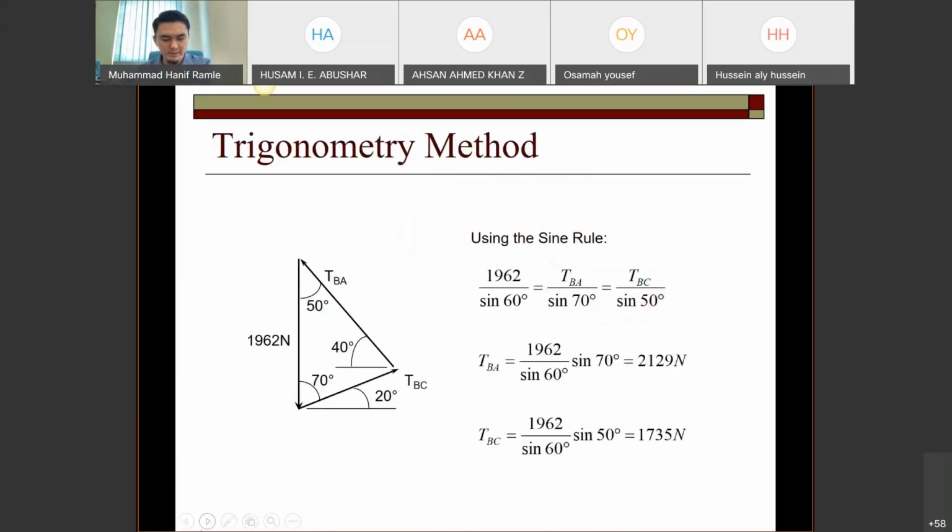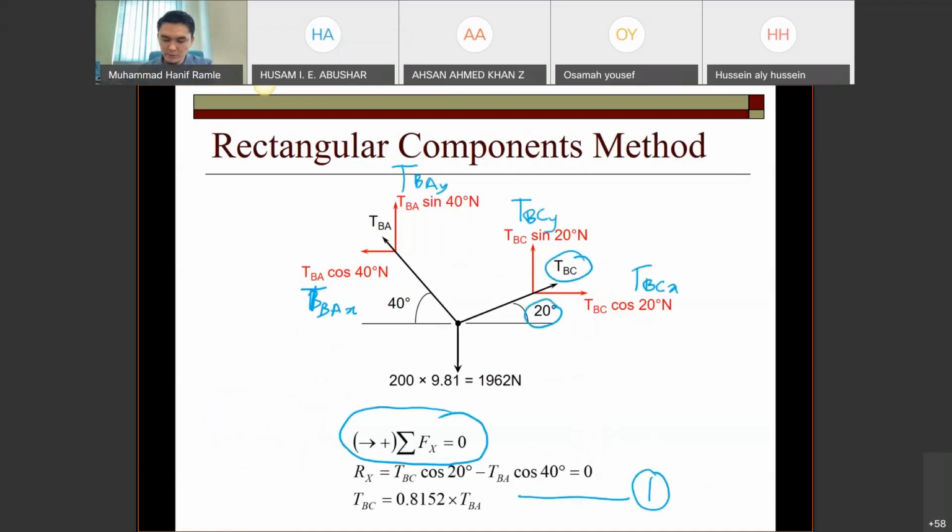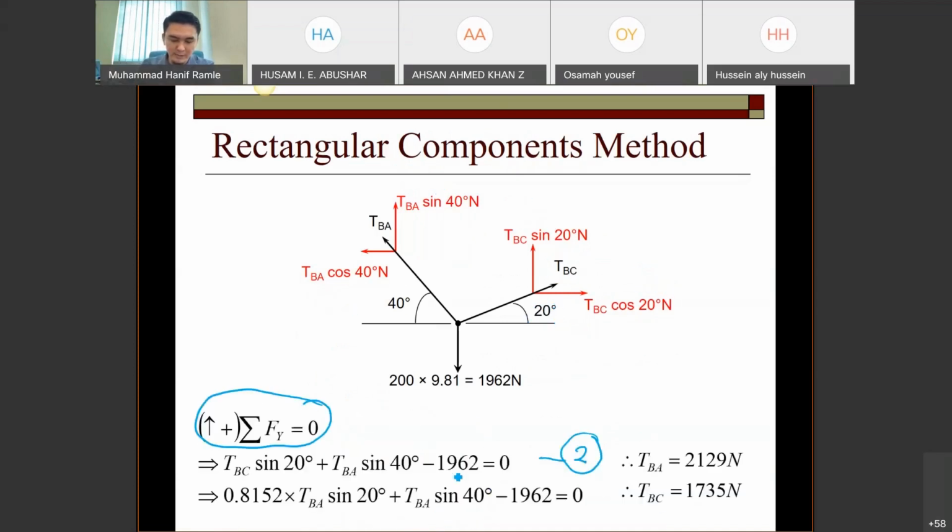All right, so later for the y component, using Newton's first law as well, you will get the second equation. Then you substitute the first equation, this equation, into the second equation, this one.